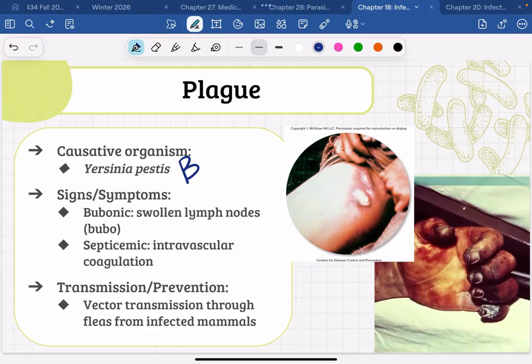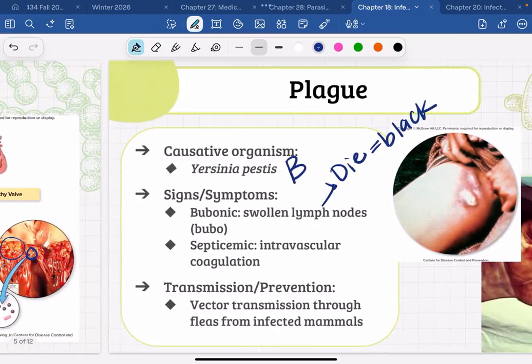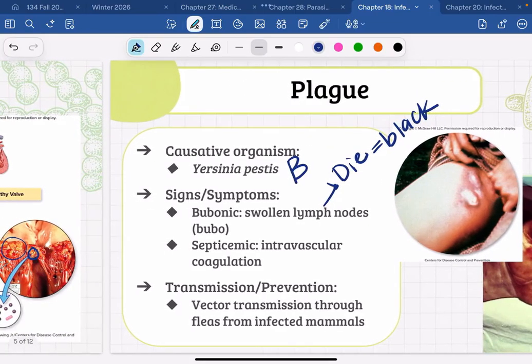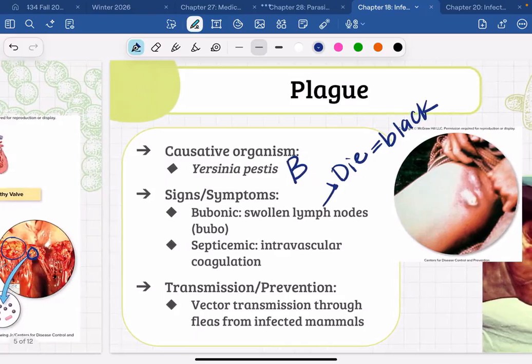Those lymph nodes become incredibly swollen, and eventually they will die, become necrotic, and turn black. Those swollen, black, necrotic lymph nodes are called buboes. Individually, they're called a bubo. That's the name given to them, and that's why it's called bubonic plague.